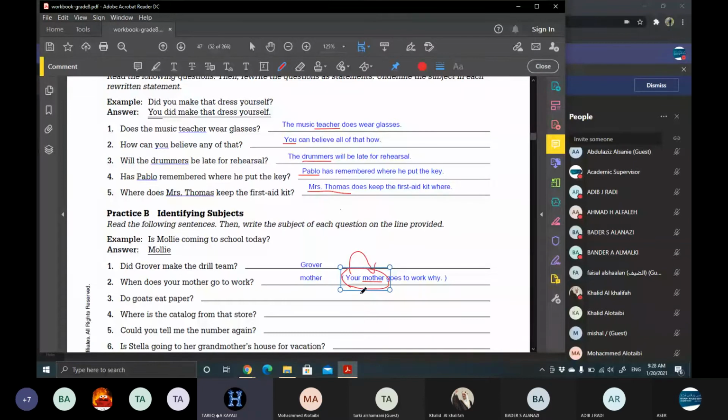As an adjective. Excellent, Hassan. Very good. So we have your as a possessive pronoun, used as an adjective to identify the noun mother. So mother is the simple subject and your mother is the complete one. So directly, Safe, the subject is mother. Okay, Safe.